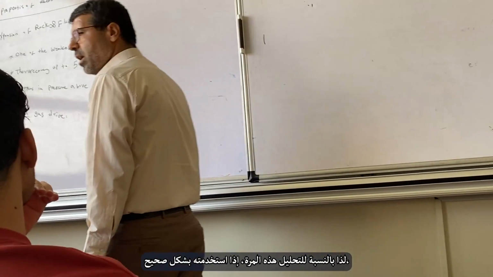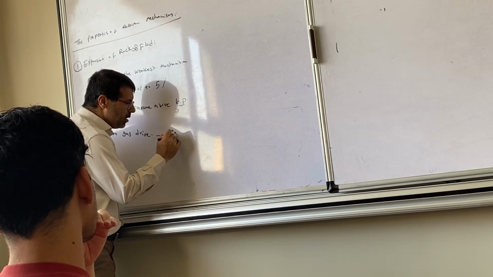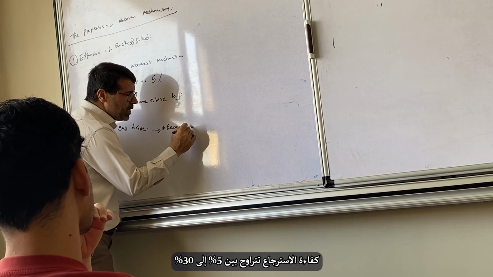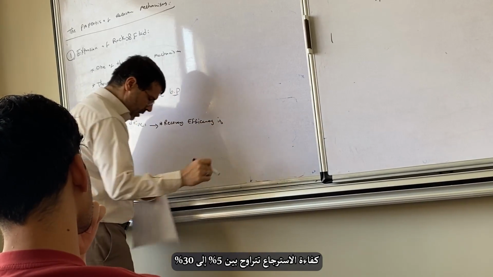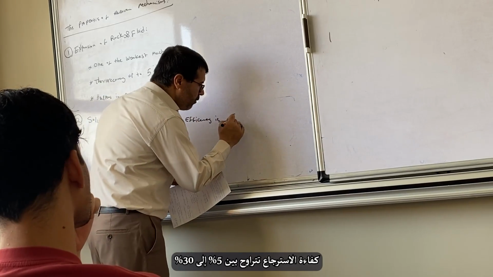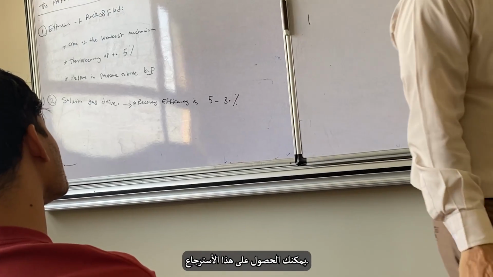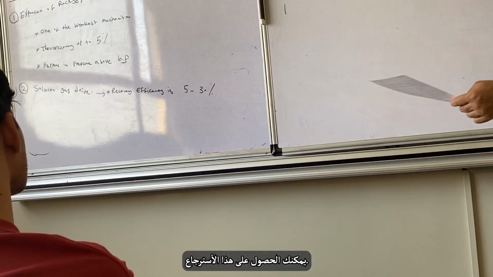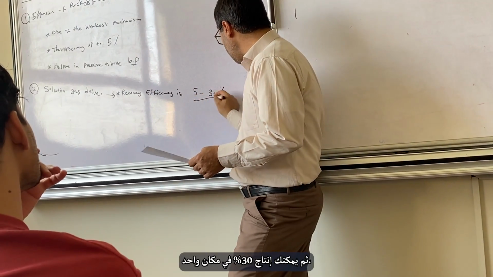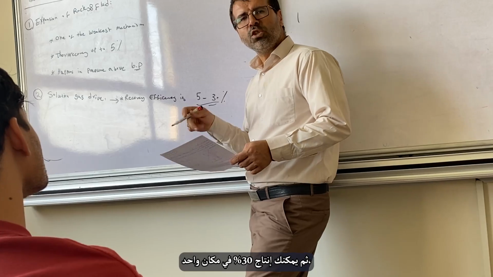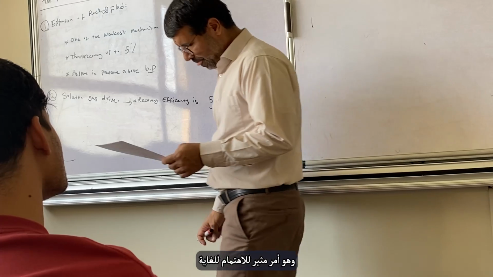For solution gas drive, if you use it correctly, the recovery efficiency is between 5 to 30%. Up to 30% recovery you can get by this mechanism. So it's much higher. If you use it very correctly, you can produce 30% of the oil in place, which is a very good percentage. Okay?